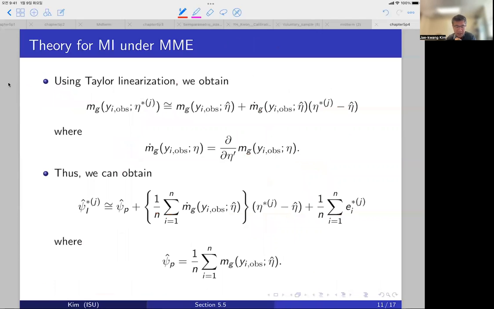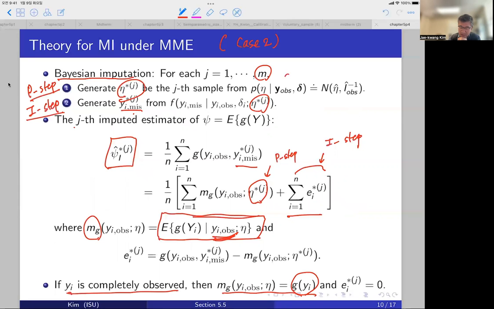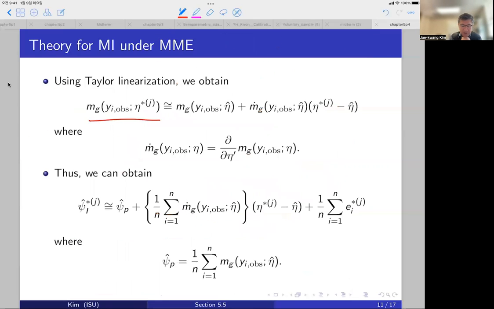Okay, now let's investigate the first component, the J-th imputed value. You can do the same Taylor expansion: you linearize with respect to eta hat, and then you have m dot, which is the partial derivative.